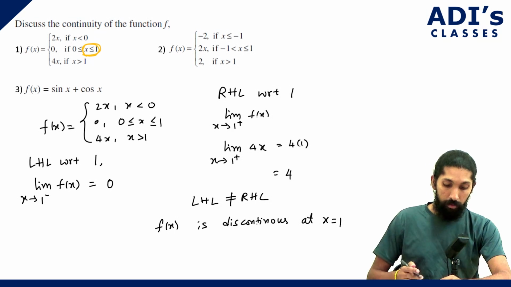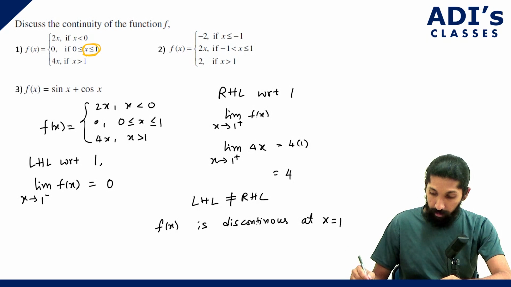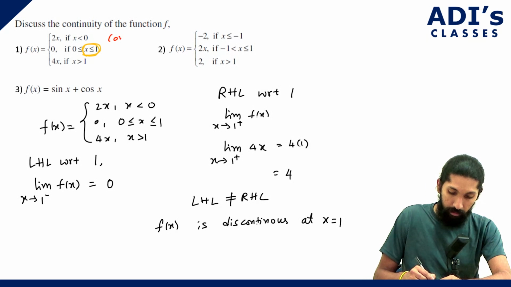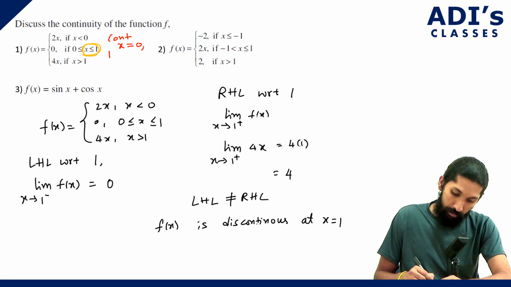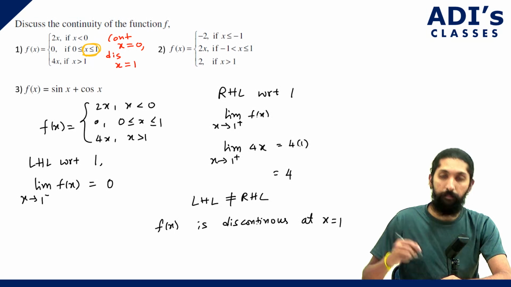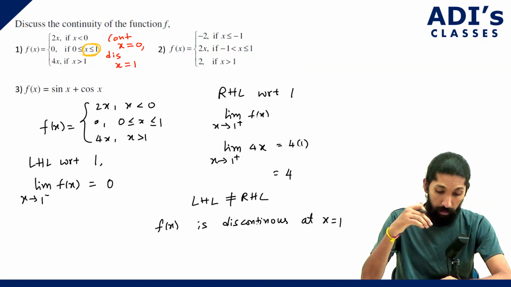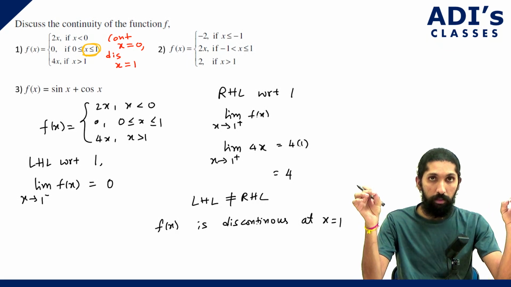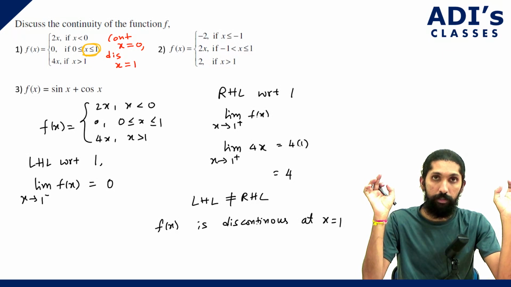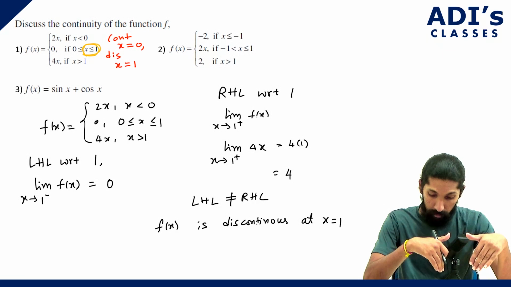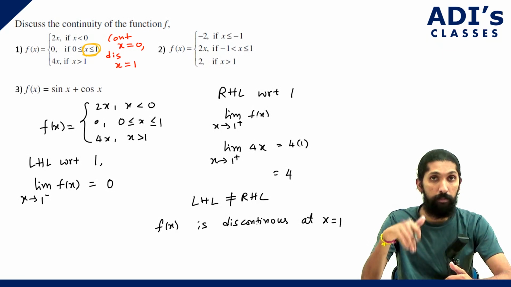So when we say discuss the continuity, we can say that it is continuous at x is equal to 0 and discontinuous at x is equal to 1. This is how we discuss the continuity. Because there are 2 points, one is 0, one is 1, you have to calculate at both the points. Understood? Let's do the second one, which is very similar to this one.